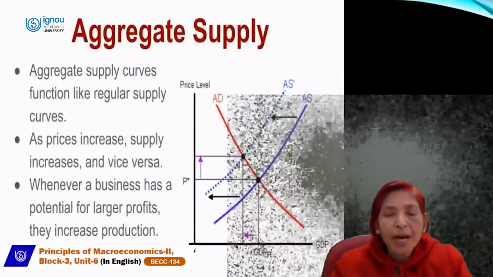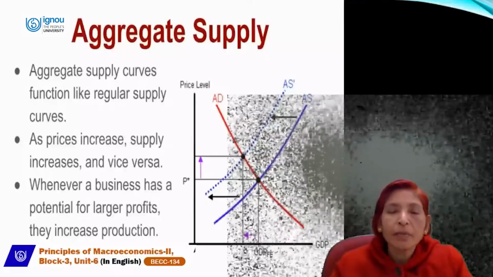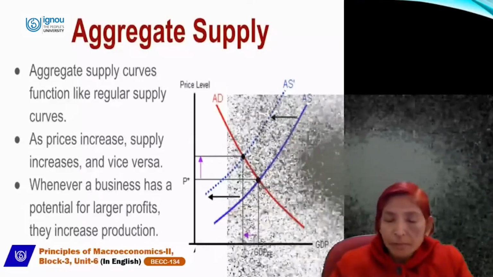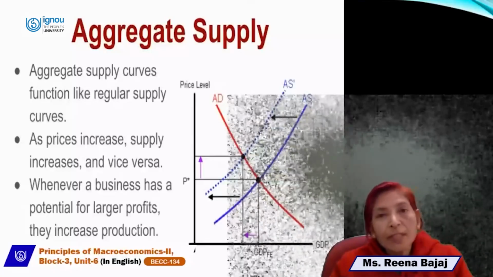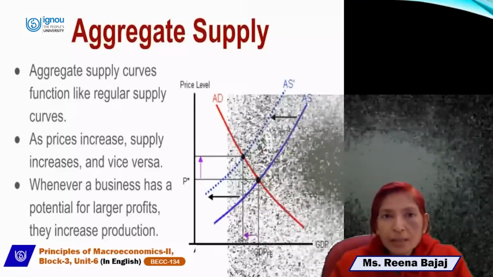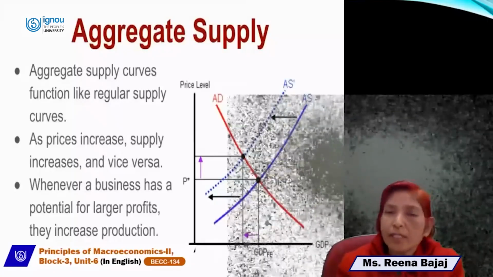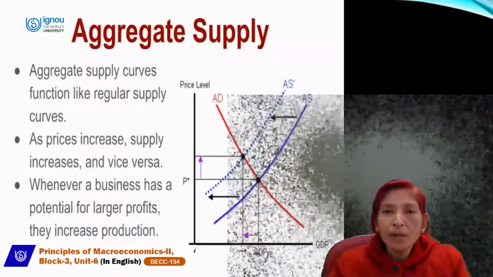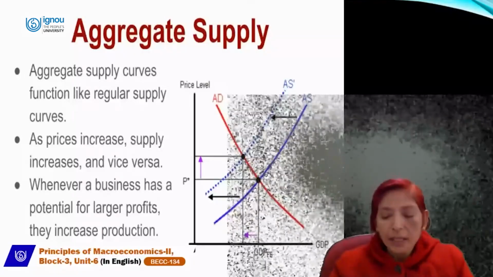So this is the impact of a shift in the aggregate supply curve, and this shift is a leftward shift. If the supply curve shifts leftward, then price will rise, income will fall, and vice versa. If the supply curve shifts right-hand side, then price will fall and income will rise.